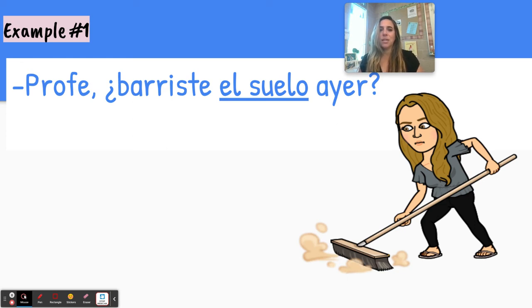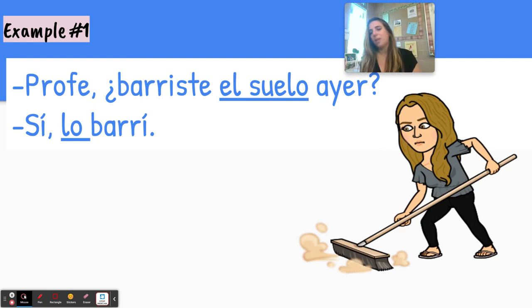That's right. It would be sí, lo barrí. Because el suelo is masculine singular, and she doesn't want to say, yes, I swept the floor. She just wants to say, yes, I swept it. El suelo gets replaced with lo being placed in front of barrí.